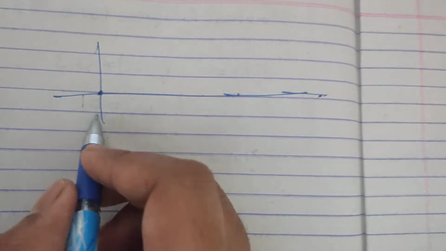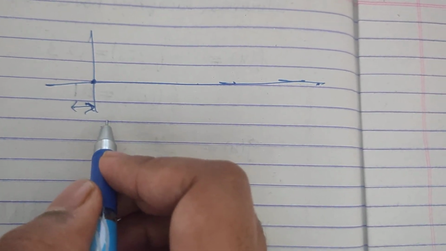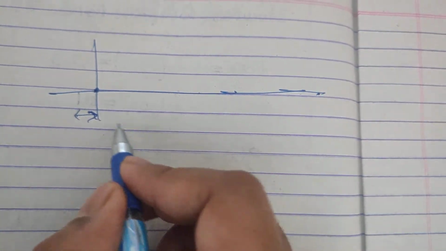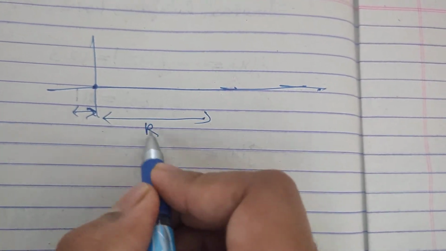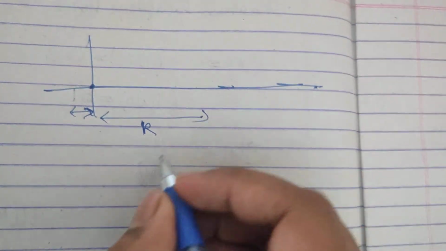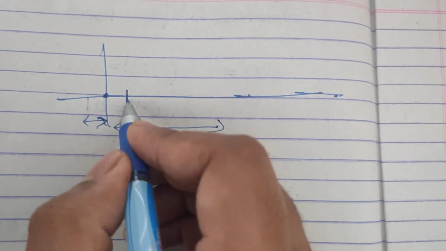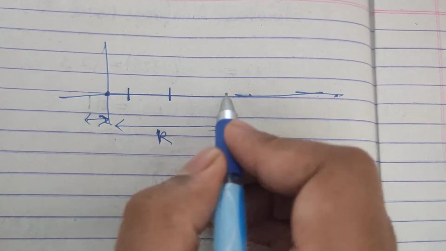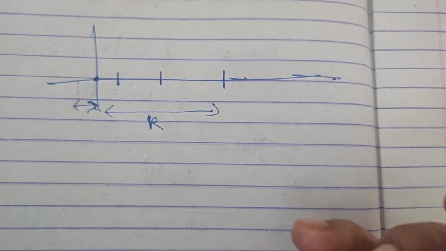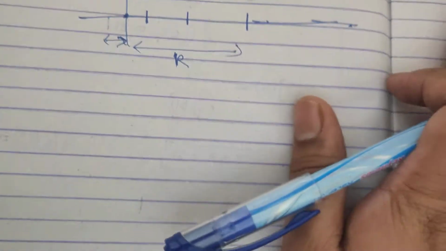Either you can go one step backwards, or you can jump k steps forward, where k is the number of the turn. Suppose in the first turn you can go one step ahead, in the second turn two steps ahead, in the third turn three steps ahead. And you have to find the minimum number of jumps you need to reach point x.